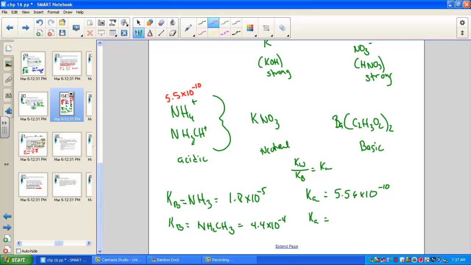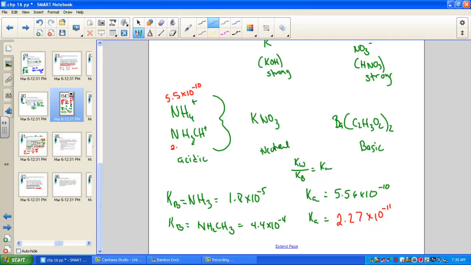Let's find the Ka for methylammonium using this guy. So let's hit 1e negative 14 divided by the Kb we found of 4.4e negative 4. And we find a value here, 2.27 times 10 to the negative 11th.